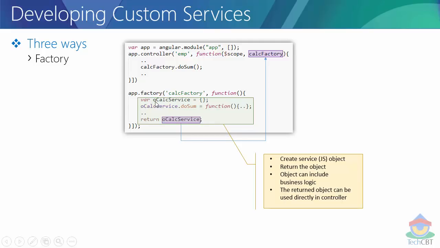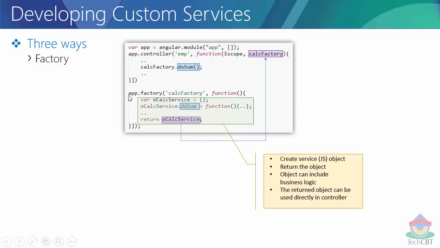Now you can see here I'm creating an empty JavaScript object. So calculate service is just an object, and to the same object I'm adding a function, and you can add as many members as possible here. Finally you return the same object that you have created, and that object will be directly returned to this parameter. Once that is made available, you can see you are using those members right inside your controller.